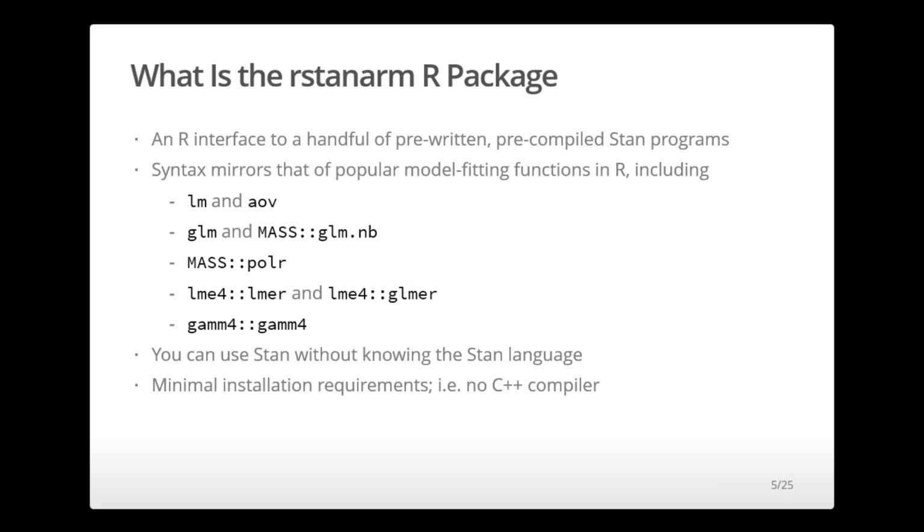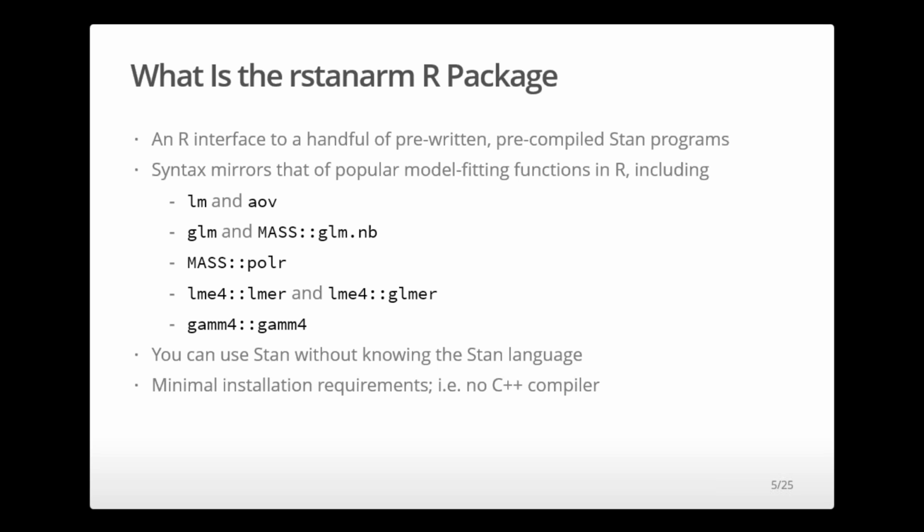I imagine everyone who's familiar with R has been exposed to the lm function for estimating linear models with continuous outcomes. To estimate a model with the same likelihood and the same syntax using Stan, you just call the stan_lm function.